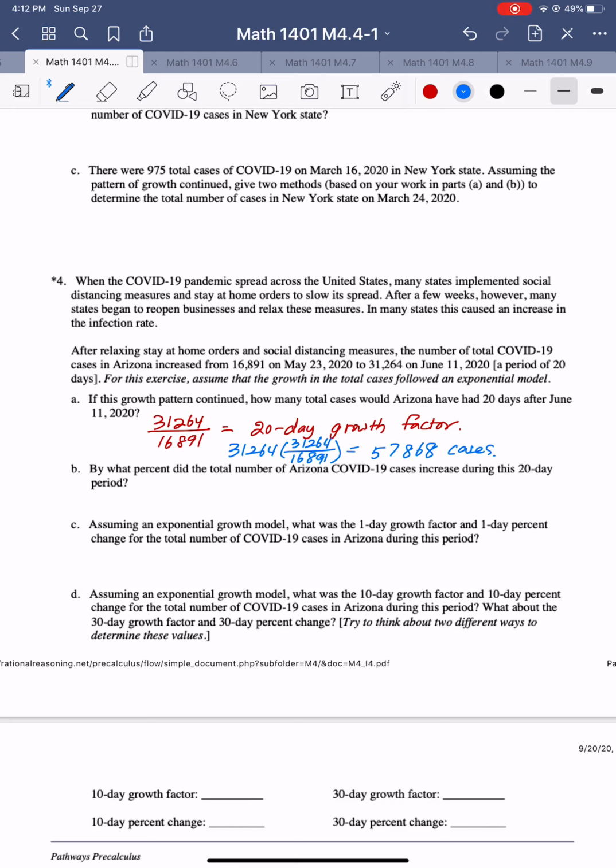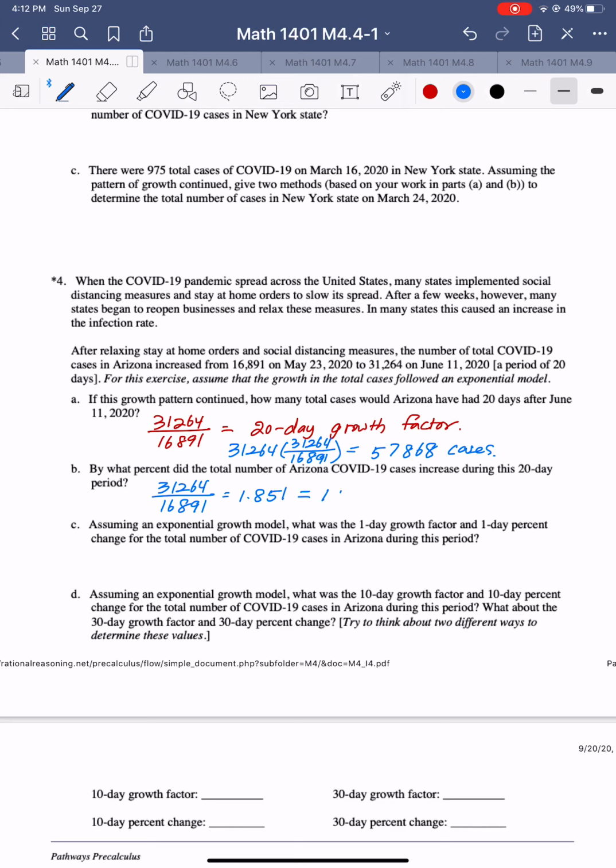And then B, by what percent did the total number of Arizona COVID-19 cases increase during this 20-day period, okay? So you just need to put 31,264 over 16,891, which is 1.851, and then this is the increase, right?